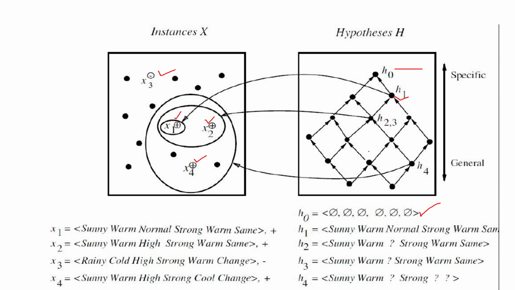Next, H2, that is sunny, warm, question mark, strong, warm, same, is mapped to X2. X3, as it's a negative example, you cannot map. The last case, H3, H2 are same. Last case, sunny, warm, question mark, strong, question mark, is mapped to X4.